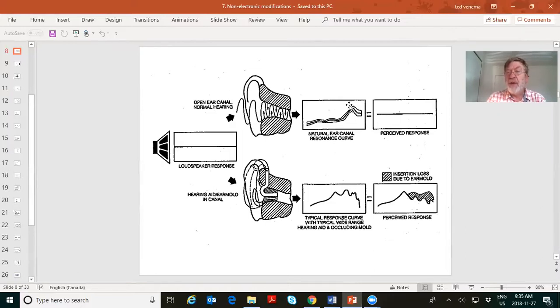You've got the outer ear canal resonance, which we hear as normal. When you plug up an ear, of course, you lose that resonance. You may think you're getting what you're seeing on this first box, but actually you're getting what's shown on the second box. That's what the first half of page 1 is all about.